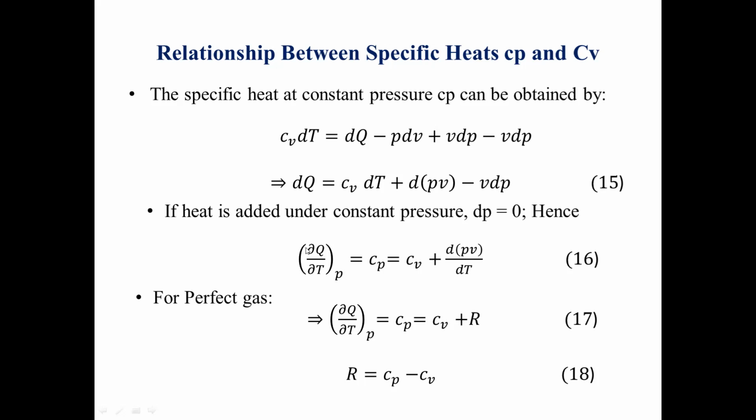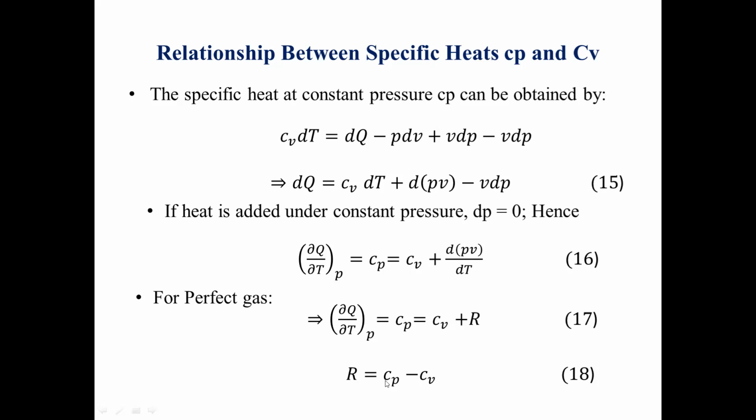This is the final relation, which for the perfect gas is equivalent to this component being just R. PV over T is R. Therefore, we can introduce R here. So the gas constant R is equal to Cp minus Cv. This is one of the important formulas.